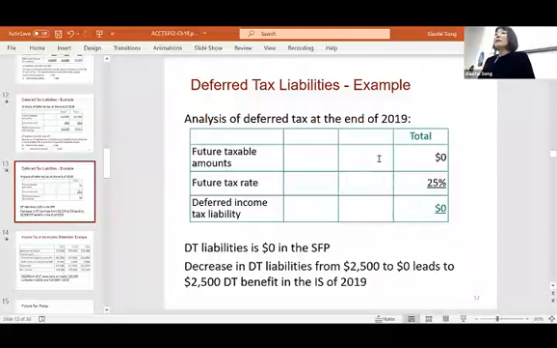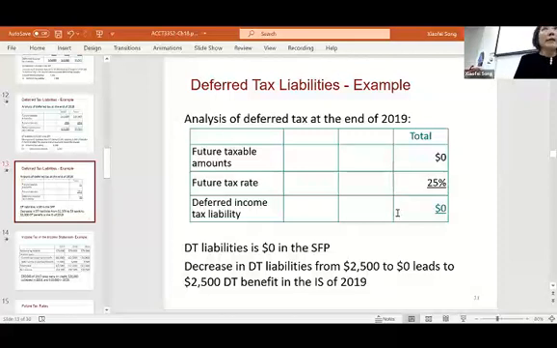So at 2019, now all 30,000 has been included in both financial reporting in the income statement, that's done in 2017, and also in the tax reporting, because all 30,000 is included in tax returns, 20,000 in 2018, 10,000 in 2019. So there will be no more difference. So future taxable amount is 0. And therefore there should be no deferred tax liability.